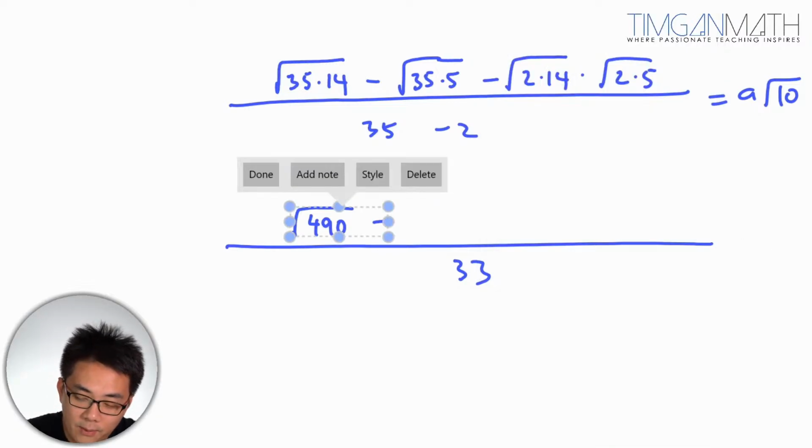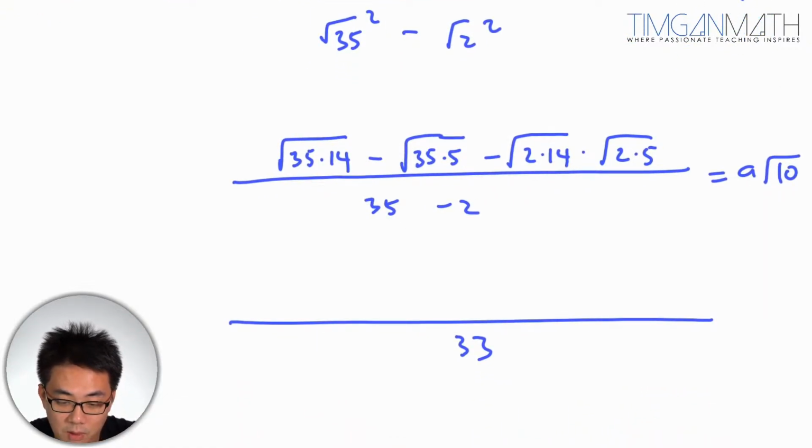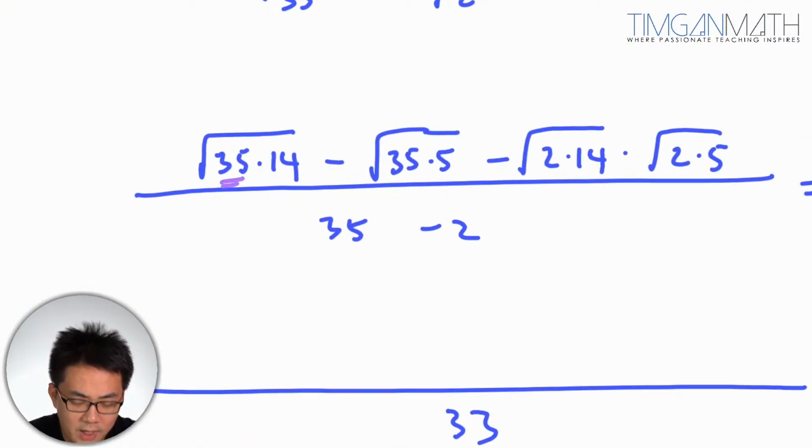Now, what I prefer is actually to make it into a prime factorized form. The reason is that prime factorized form breaks it into the most fundamental form, meaning you can see how the number behaves. And if you're able to see how numbers behave, usually you can simplify it in a more efficient manner. So 35 is actually 7 times 5, and 14 is actually 7 times 2.